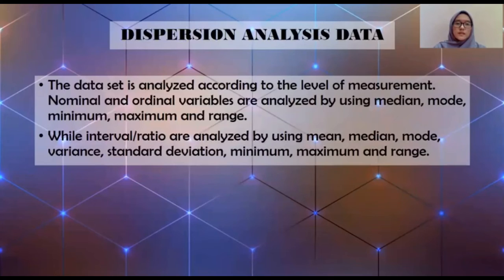Dispersion analysis data. The data set is analyzed according to the level of measurement. Nominal and ordinal variables are analyzed by using median, mode, minimum, maximum, and range, while interval and ratio variables are analyzed by using mean, median, mode, variance, standard deviation, minimum, maximum, and range.